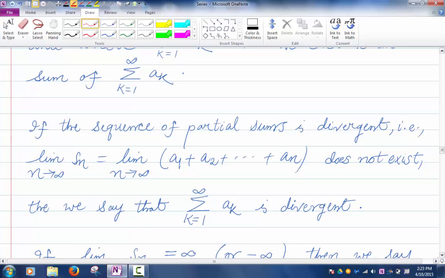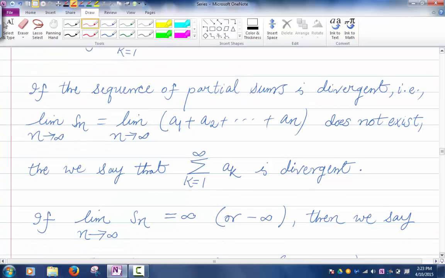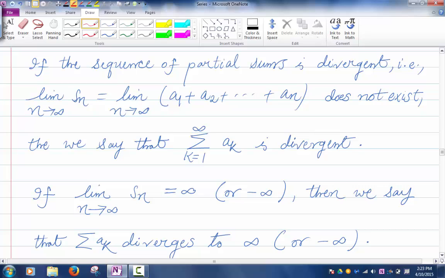So if the sequence of partial sums is divergent, then the series is divergent. The sequence of partial sums being divergent means that the limit of Sn does not exist. If the limit of Sn is infinity, we say that the series diverges to infinity. If the limit of Sn is negative infinity, we say that the series diverges to negative infinity. Is everybody okay?